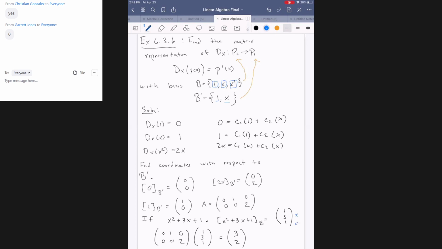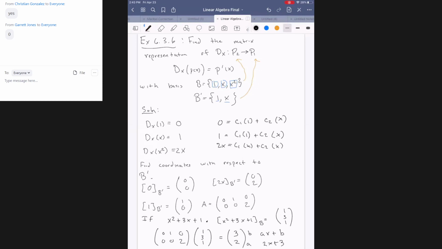So this gives me that vector, which means if I plug it back into the formula, ax plus b, this part right here is a, which is 2, and this part here is 3. So plug it in, you get 2x plus 3. Isn't that the derivative of x squared plus 3x plus 1?